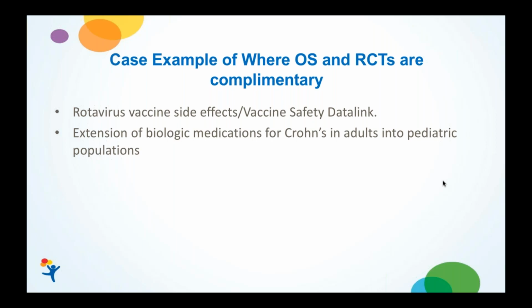One that was mentioned in some of these papers was one, Chris, that you were involved in, about extension of biological medications for Crohn's in adults into pediatric populations. They were talking about how RCTs were done in adults with Crohn's, looking at the effectiveness of different Crohn's disease medications, but there weren't trials done in pediatrics.